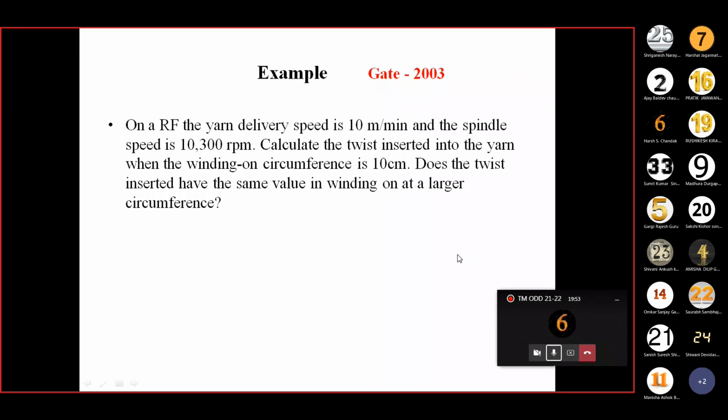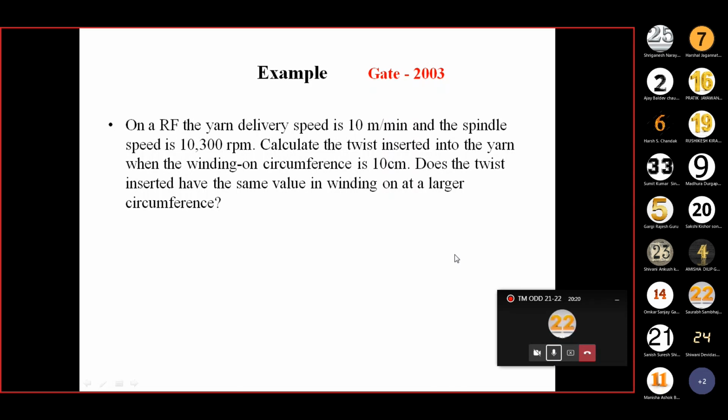Now see what they have told here. On a ring frame, the yarn delivery speed is 10 meters per minute and the spindle speed is 10,300 RPM. Right. So they asked to calculate the twist inserted into the yarn when the winding on circumference is 10 centimeter.